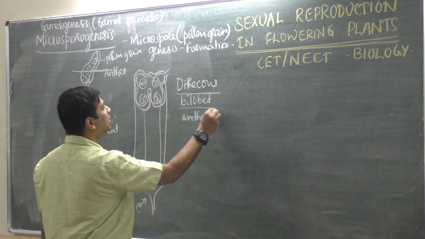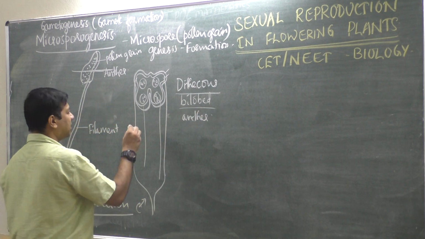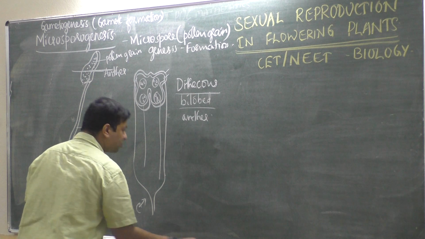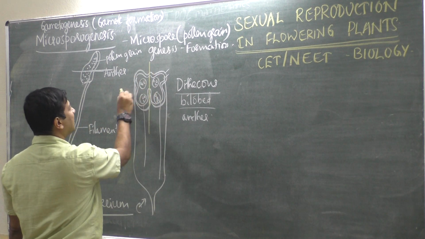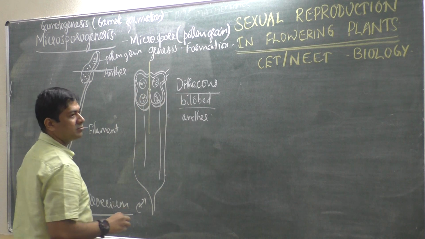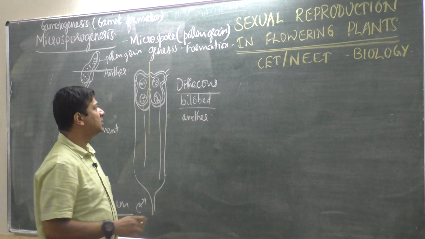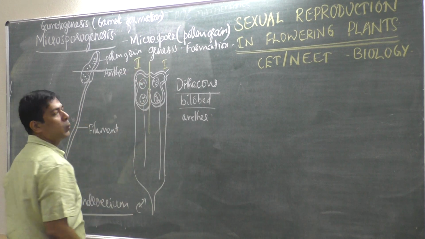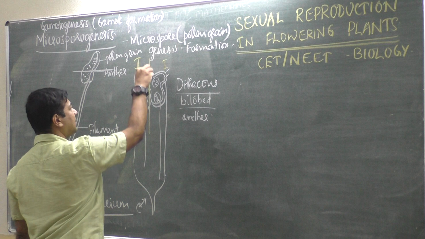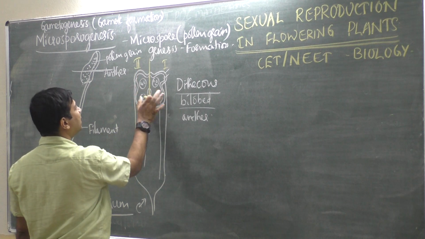Then bilobed. What does lobe mean? In this butterfly-like structure, I will put one line here. This is the left lobe and this is the right lobe. This is lobe number 1 and this is lobe number 2, like two wings.